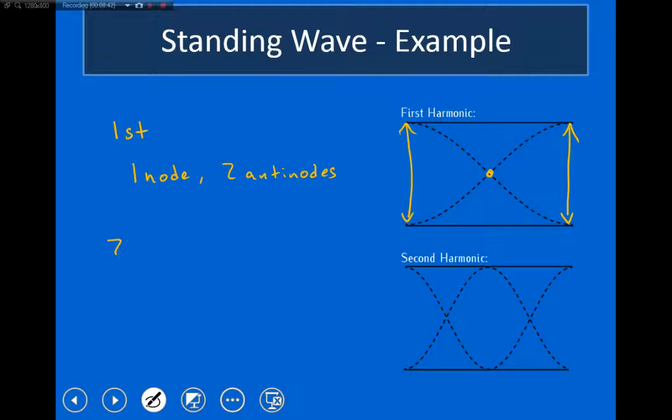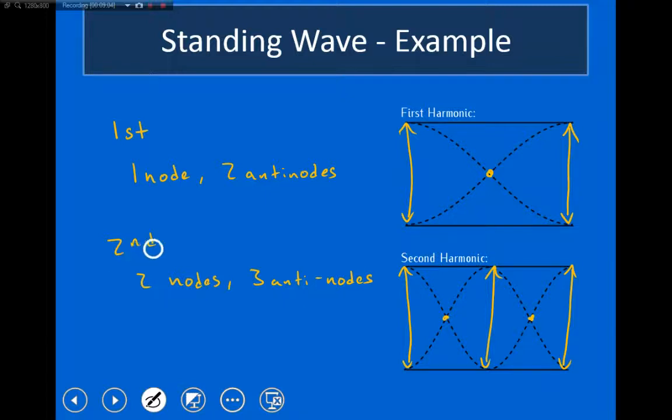Now for the second harmonic, we can see we have 3 antinodes and 2 nodes. So it's exactly the opposite of what we had before. Before we had 1 more node than the harmonic, and as many antinodes as the harmonic. Now it's the opposite. We always have 1 more antinode than the harmonic, and the reason is because we have to have it at both ends.